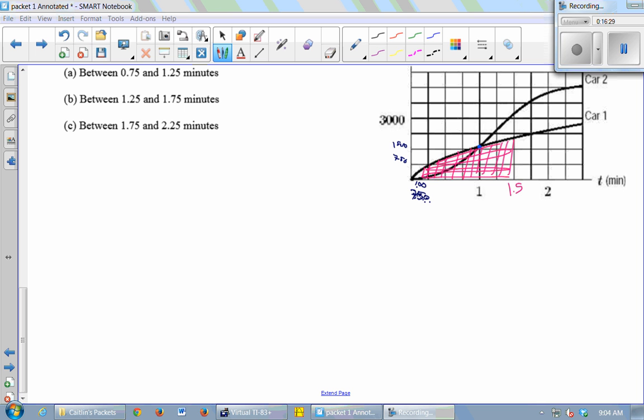And we could try to estimate what that is, right? Just by counting these boxes. Even though each box doesn't actually represent 1, we could just count the number of boxes and see if it's approximately the same as the area under car 2, which would be this.